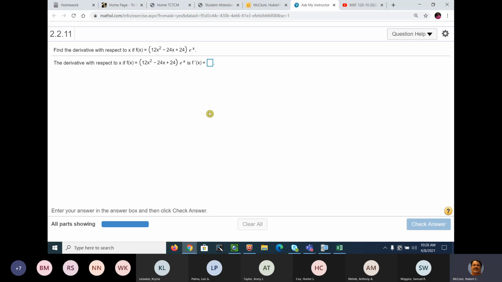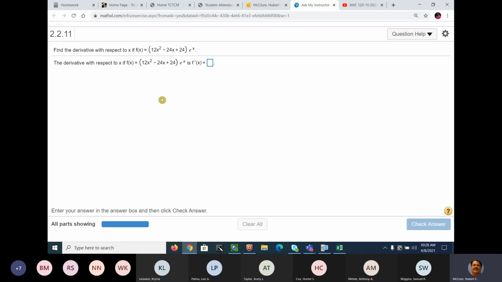So this looks like basically the product rule, just a long product rule. So 12x squared minus 24x plus 24 times e to the x. And they want to know what is f prime of x.